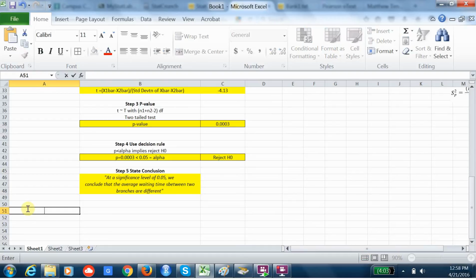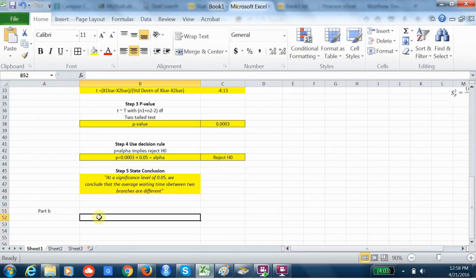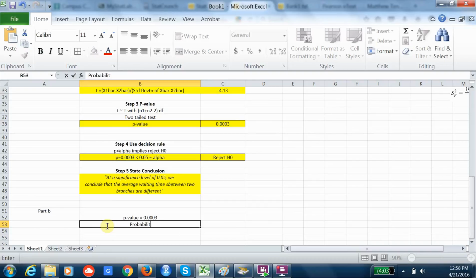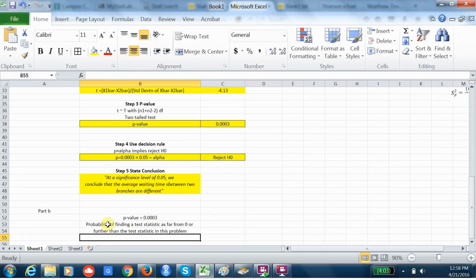And what this means is the probability of finding a test statistic as far from 0 or further than the test statistic in this problem is about 0.0003, or equivalently, 0.03%.